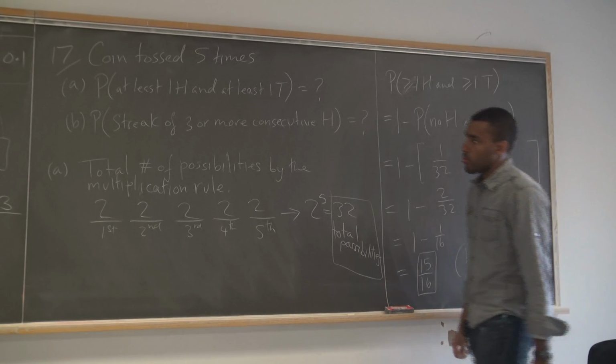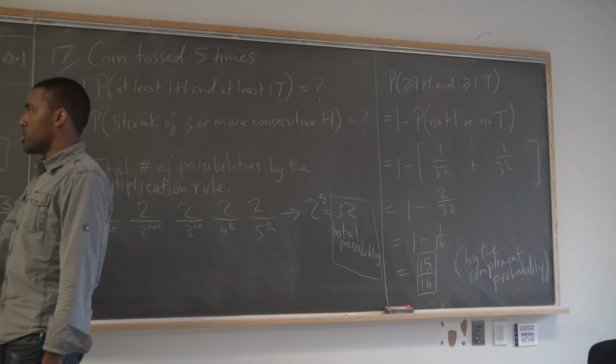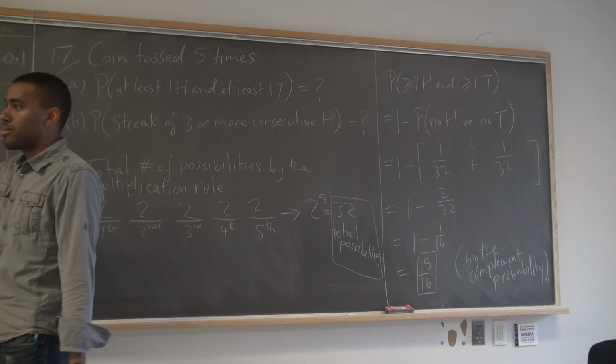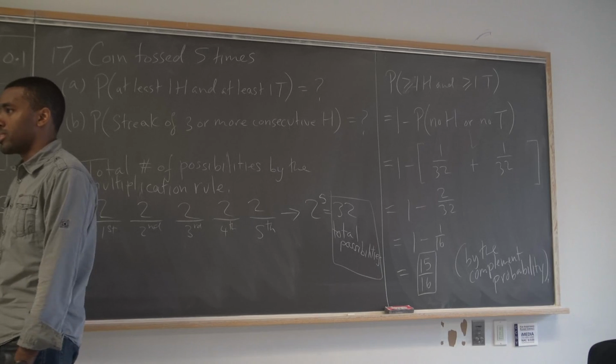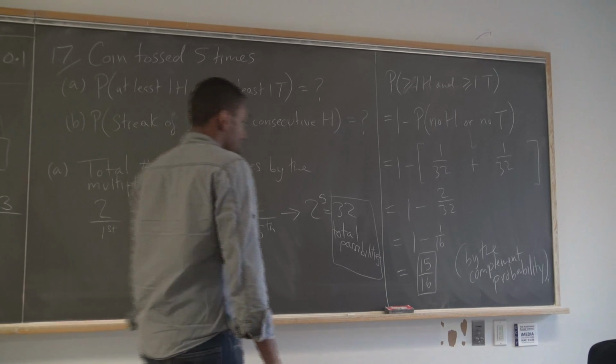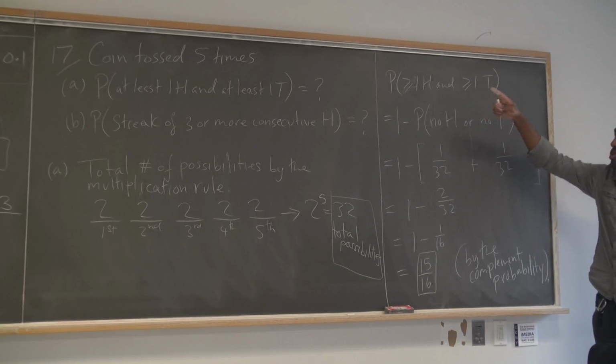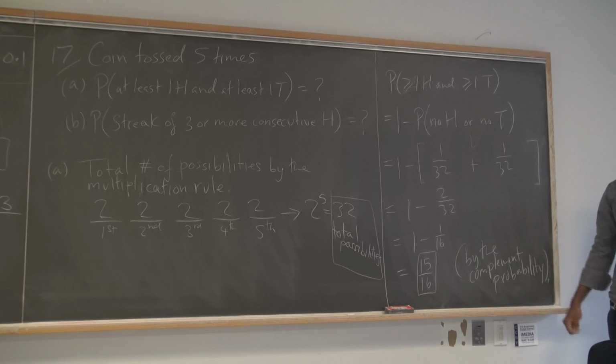And you might be wondering why we didn't use something like that here. Well, it's because either way was just as bad. There was enough options on either hand. It didn't really matter. But here it actually matters. It's easier to count how many ways to not get this than it was to count how many ways to get it.